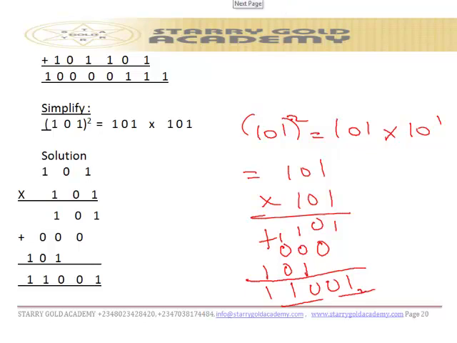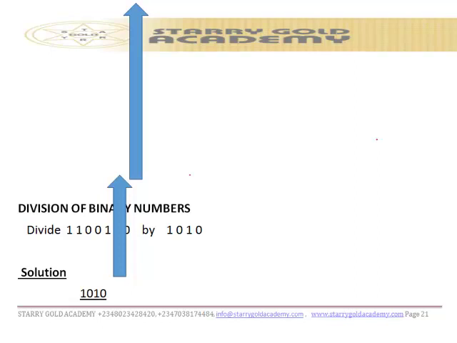The only challenge is if you don't know how to multiply correctly, which you have to practice thoroughly, so that this topic won't be a challenge to you. Now let's move to the one that scares students most: division of binary numbers. When students see division, they get scared. They believe it's technical and tough.